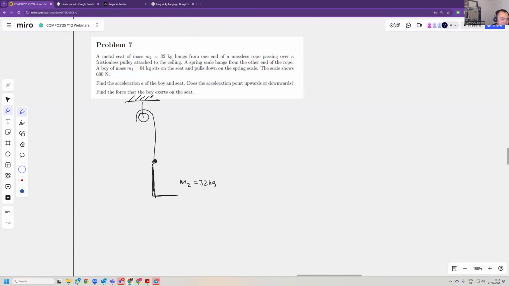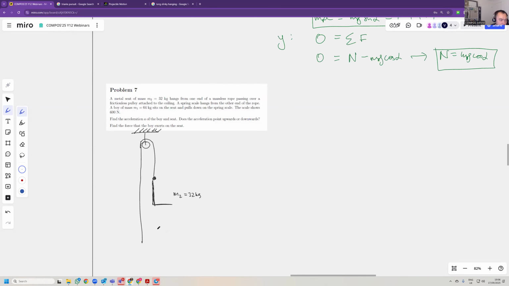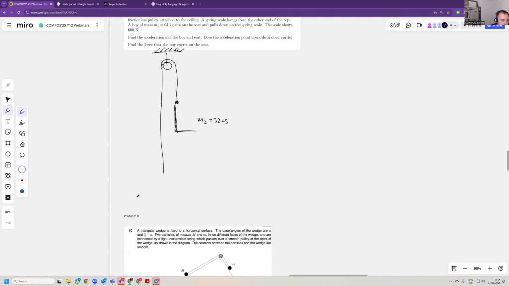So there's a ceiling. A spring scale hangs from the other end of the rope. I'm assuming this spring scale is attached to the floor. I would be surprised if it isn't.